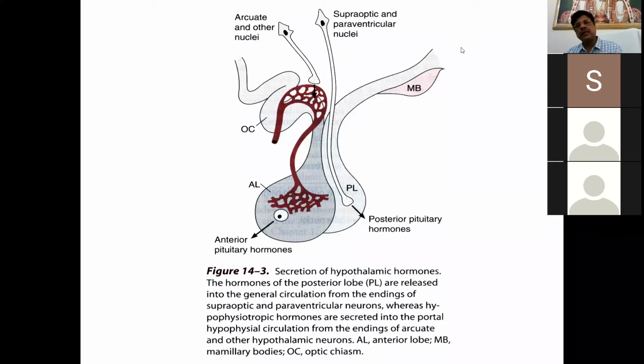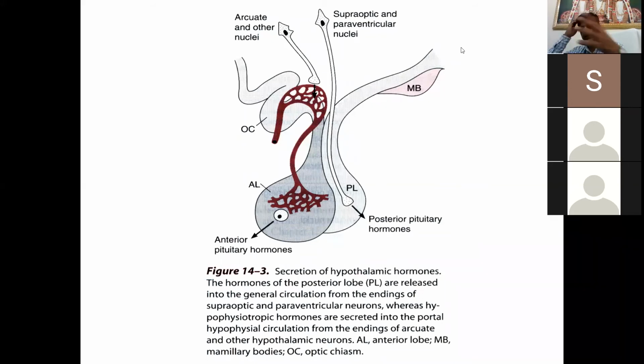So you look at the other condition, a condition called as Addison's disease. Can anybody tell me what is Addison's disease quickly? Yeah, decreased levels of cortisol. So if the problem is in the adrenal gland, a lot of ACTH will be secreted, and that ACTH secretion will cause skin pigmentation.